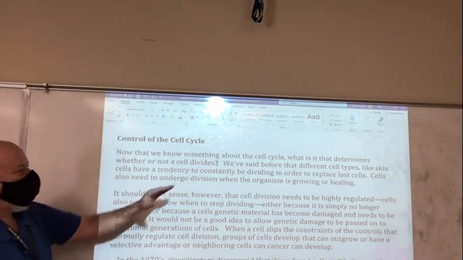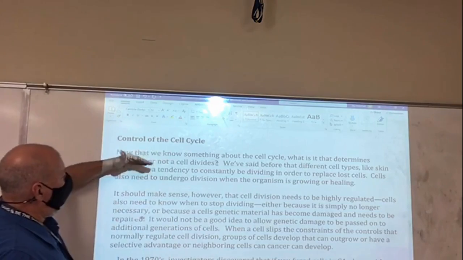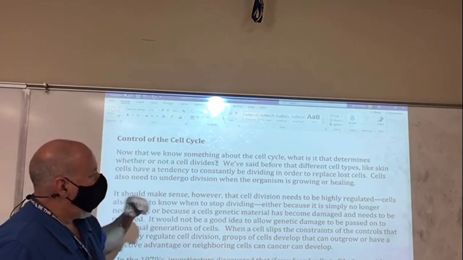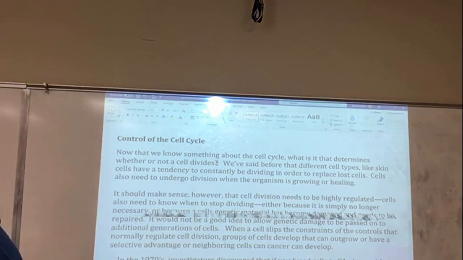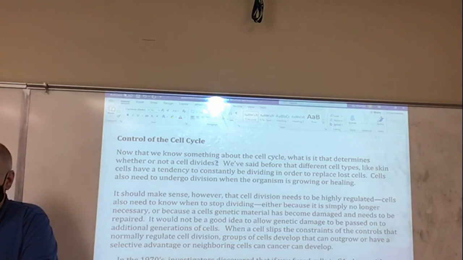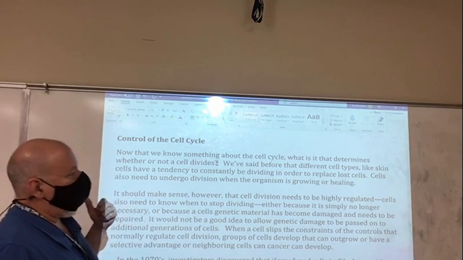So we've said before, and we made a big deal out of this, different cell types like skin cells have a tendency to constantly be dividing, right? I'm losing millions of skin cells every day. They slough off, they fall off. I scratch them off. I just scratched off 100,000 skin cells right there by doing that. Okay? I've got to replace those skin cells.